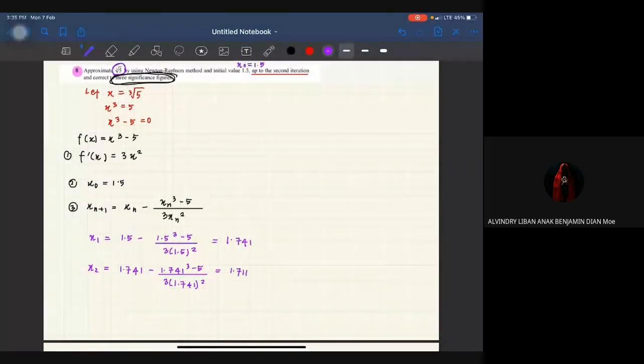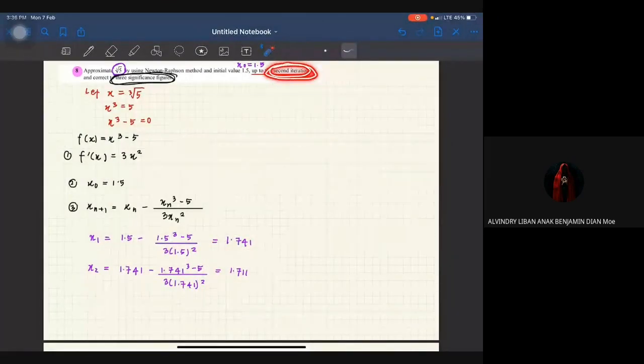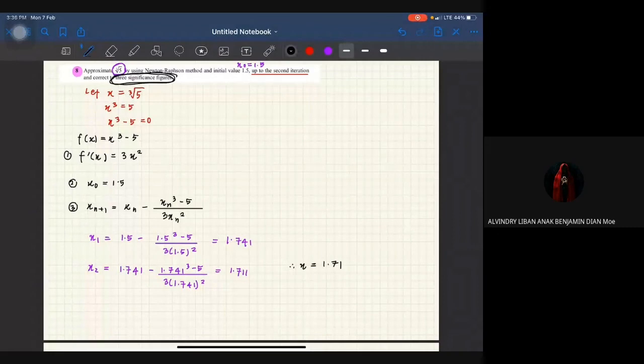Settle. Walaupun jawapan kita yang ini dengan yang ini, nilai dia tak sama pun, tapi sebab soalan ni minta kita sampai second iteration sahaja, you don't have to continue doing x3, x4 and so on. Just conclude your answer. So x is equal to 1.71 up to 3 significant figures only. Itu sahaja untuk nombor 8.